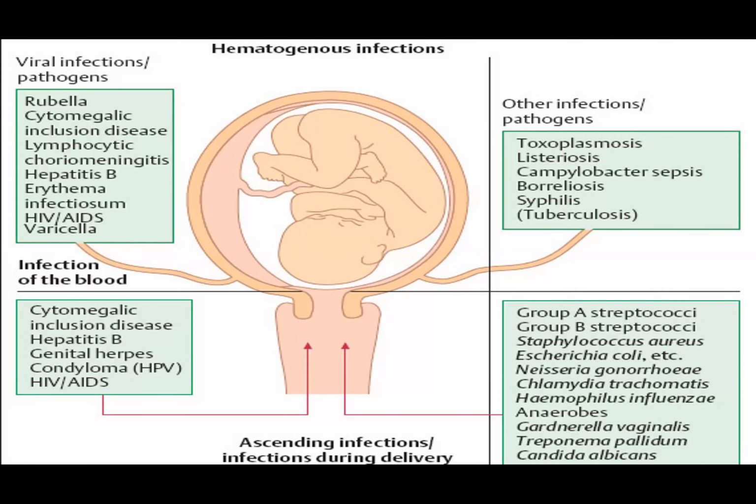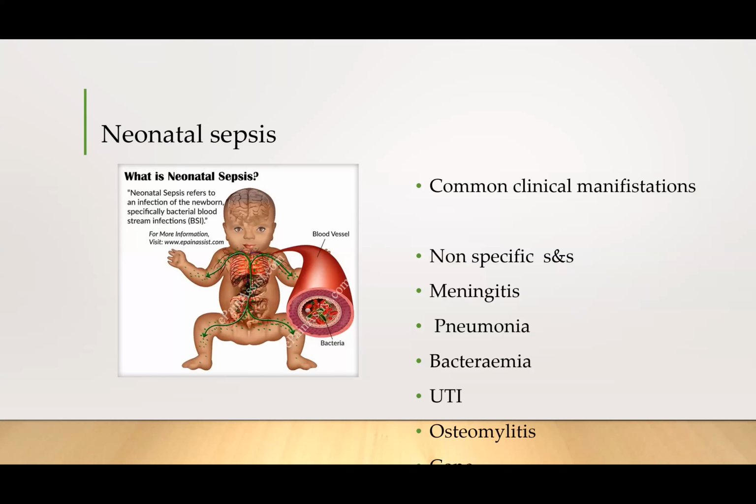So here is hematogenous, and there is ascending infection. Ascending infection, of course, will occur if there is premature rupture of membranes, like that. You see now, through any vessel the microbe or the bacteria can travel, so it will infect everything. What is the manifestation of neonatal sepsis?